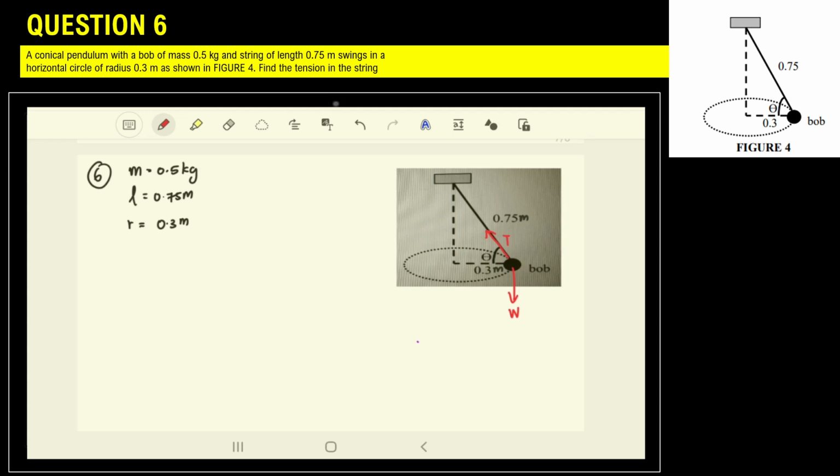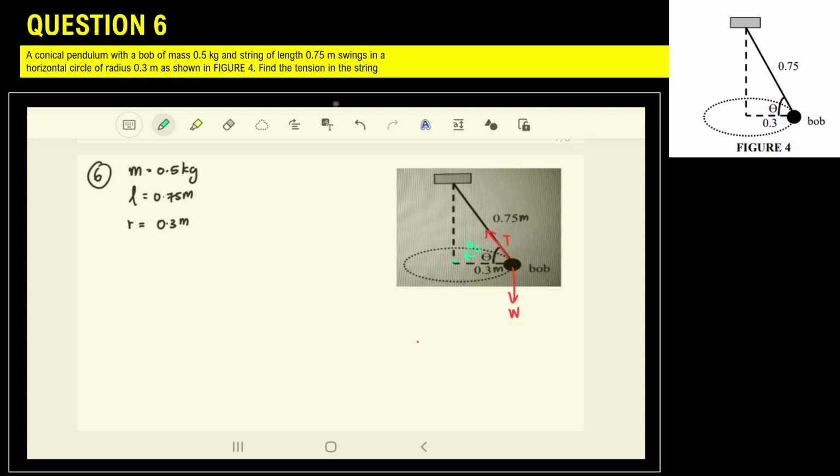That's all, we just have tension and weight. Since the object is moving in a horizontal circle, the direction of the centripetal acceleration is towards the center, AC.